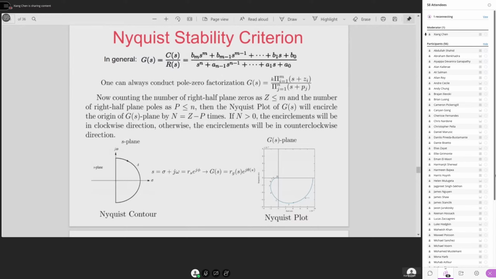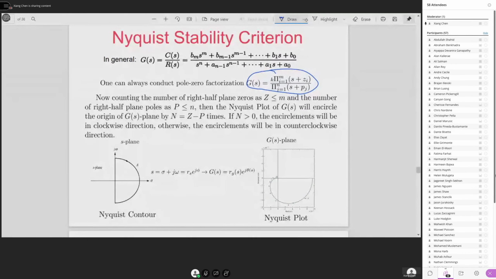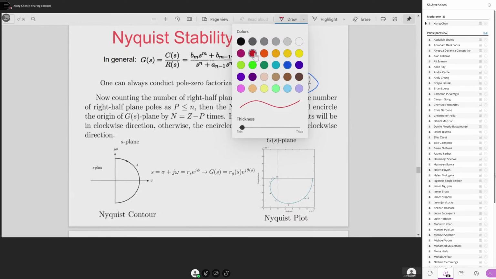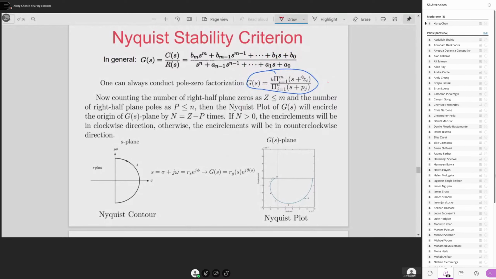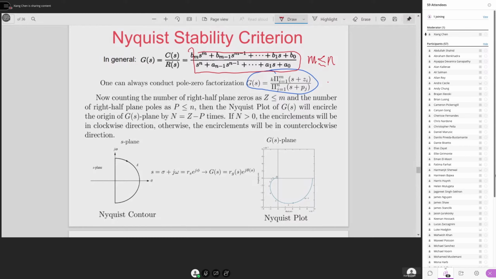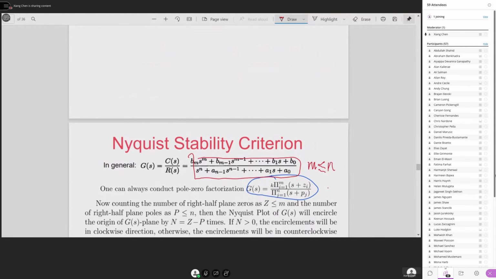So if it is a polynomial, then I can always conduct the so-called pole-zero factorization. I know that for a causal system, we always have m less than or equal to n. It does not exceed n. This is the causality issue. Any physical system is a causal system, so we always have this.